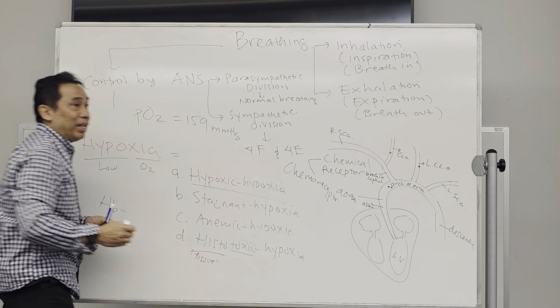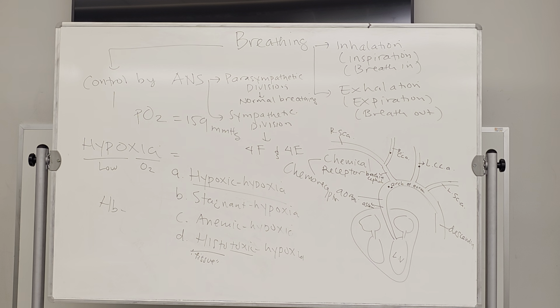Toxic. Maybe it got poison. For example, if someone gets cyanide poison, their tissue is unable to take oxygen. So cyanide poison, for example, can cause the tissue to be unable to take the oxygen. So they will die, basically, because of this hypoxia.